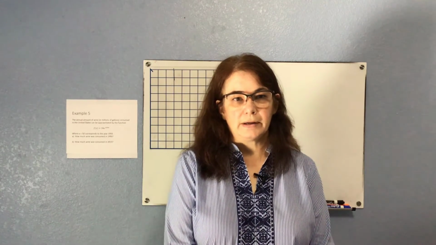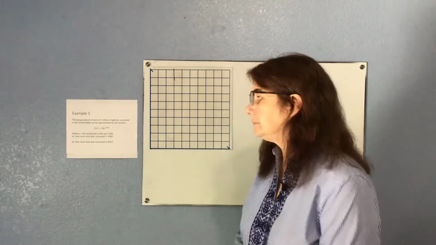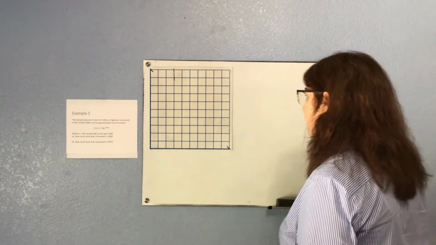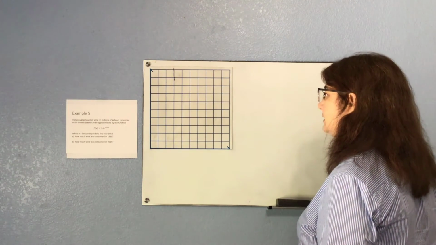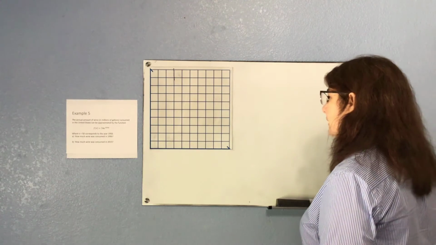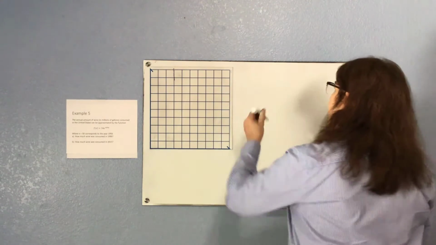In our last two examples for this section, we'll be looking at some real-world situations that can be modeled using exponential functions. The first one has to do with wine consumption. It says the annual amount of wine in millions of gallons consumed in the United States can be approximated by this function.